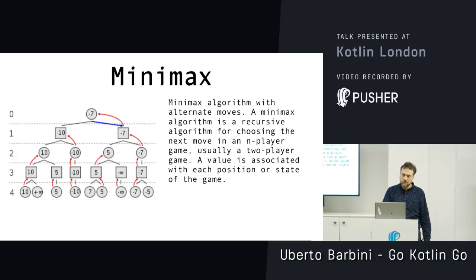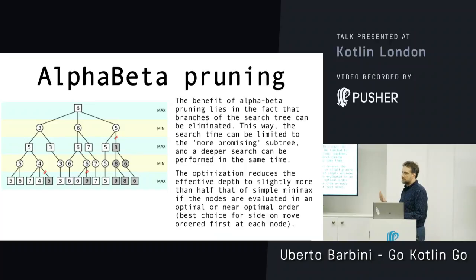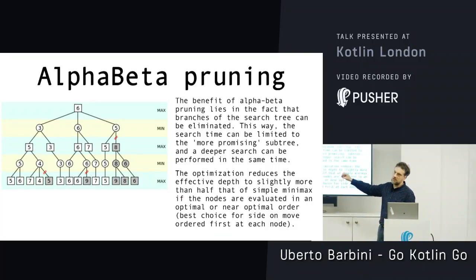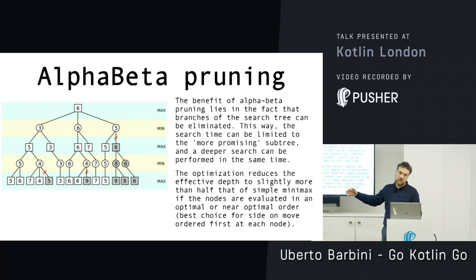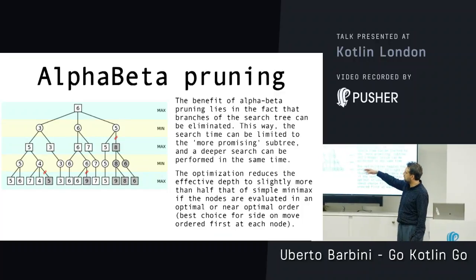There is a problem that you have to expand all the moves, and in Go, but even in chess, there are too many moves. So a better solution is to look at the better moves first, and if you already have a move that is better, you prune the tree.